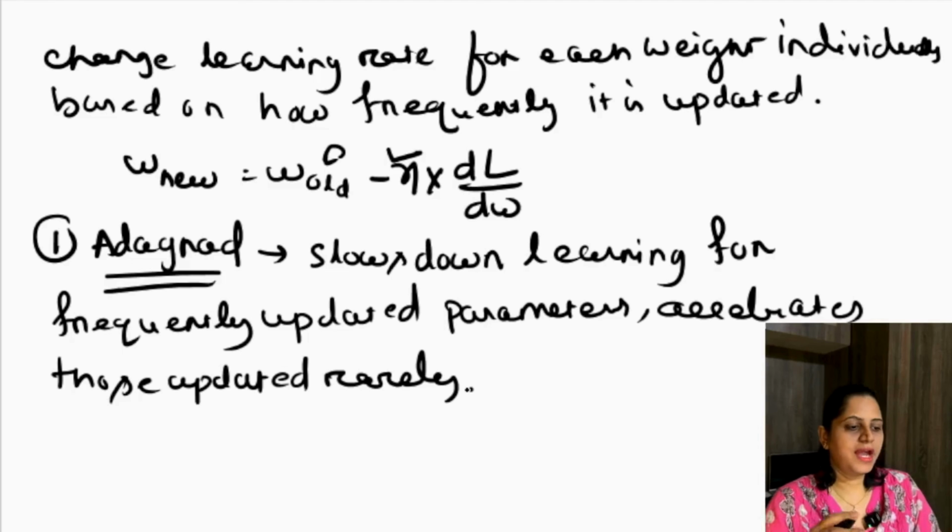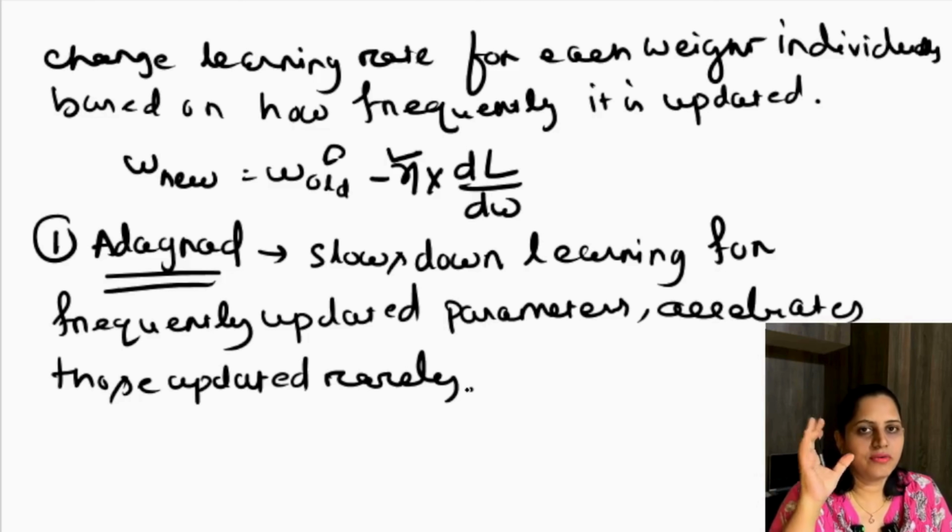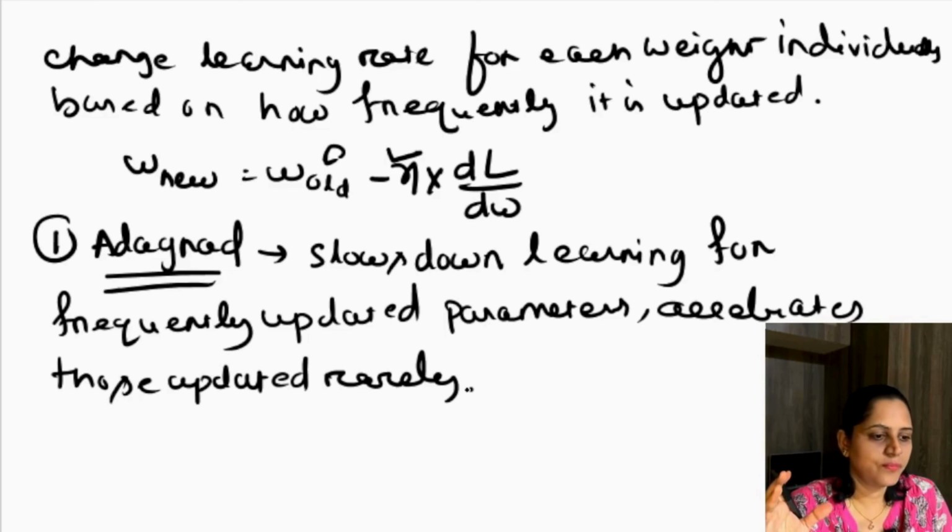Throughout this, my learning rate is helping to update your weights. When you are creating your architecture, you pass the number of neurons.